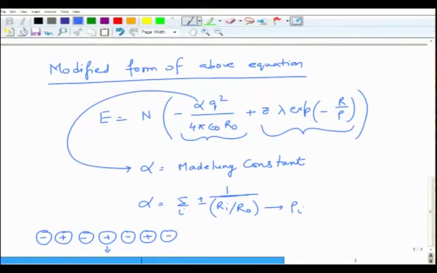So the first neighbor interaction, second neighbor interaction, third neighbor interaction, and so on and so forth. Calculate this alpha value for each ion I, and the sign will depend on the sign of the charge of the ion I itself. So if it is positive, the value will be positive. If it is negative, the value will be negative.